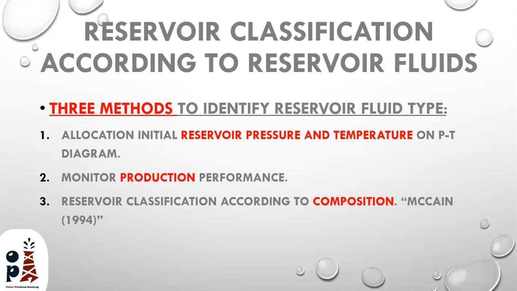The second method is to monitor our production performance, and the production data can tell us more information and give a more actual sense of our reservoir fluid. The third method is, when we have the composition, we can locate this composition on the McCain ternary diagram, and so we can know our reservoir fluid type.